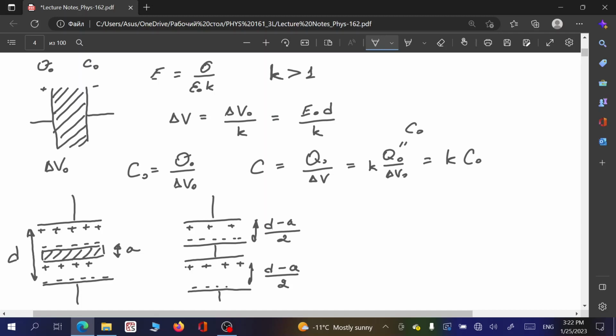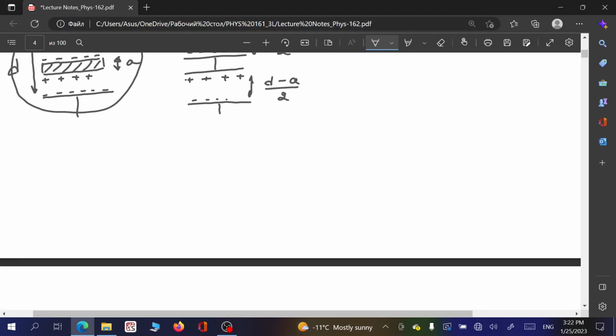So now you can calculate the capacitance of each of them, and then use the rule of calculating the equivalent capacitance of two capacitors connected in series, and that will give you the equivalent capacitance of this system which we considered here.